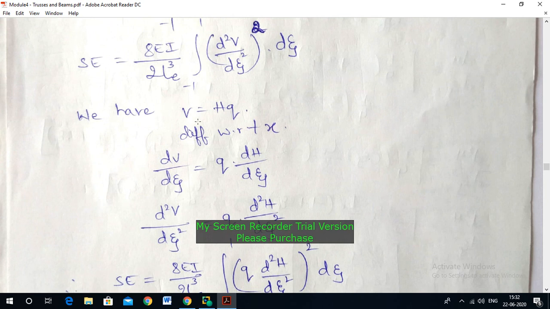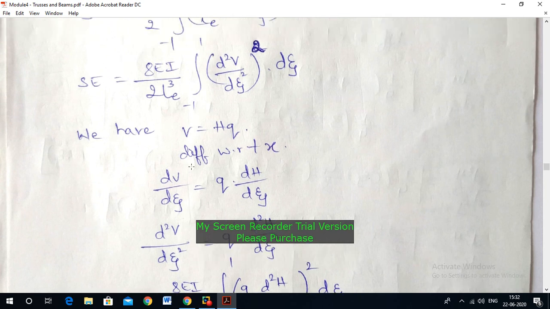We know that v is equal to H into q. Therefore dv by d zeta is equal to, differentiating this equation with respect to zeta, q is constant, and the differentiation of H with respect to zeta is dH by d zeta.